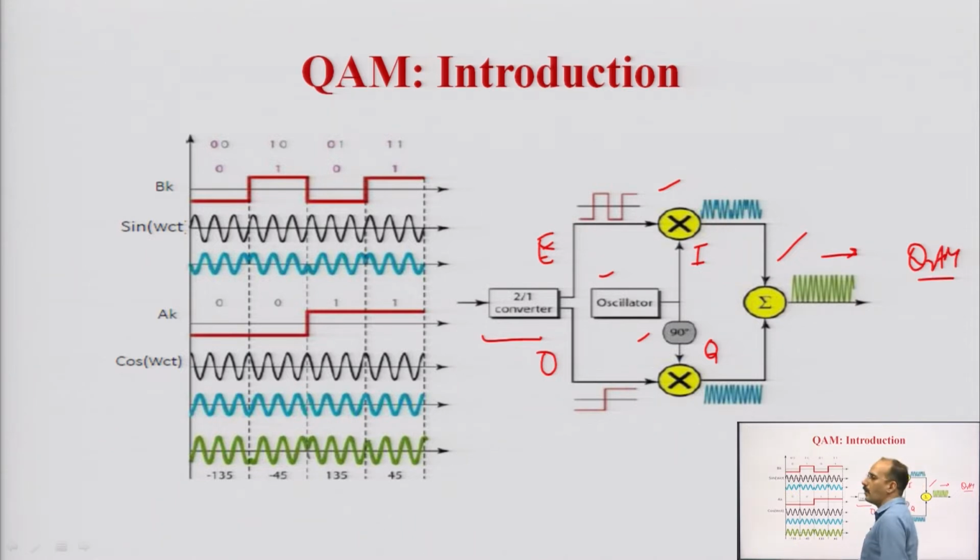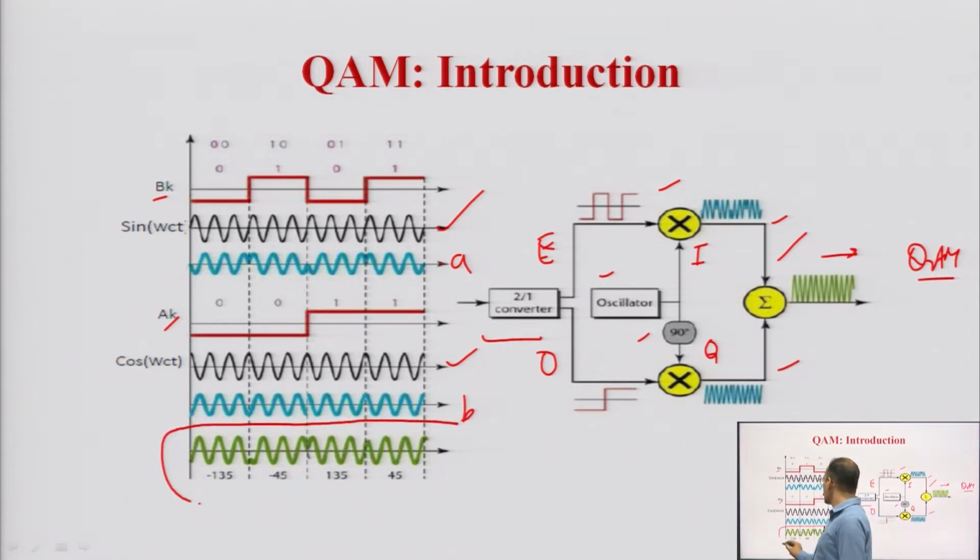It is somehow related to QPSK. You can see the bit stream is divided into AK and BK, and these bit streams are individually modulated by the in-phase and quadrature carriers. As a result you get these two different channels A and B, and by combining both of them you get this scheme.